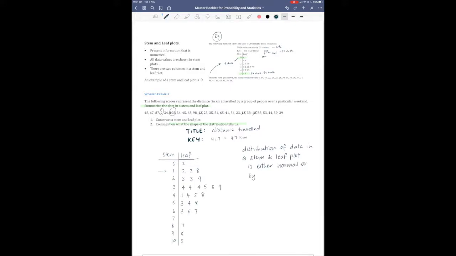Or it's symmetrical. So actually this is probably really important to have written down somewhere, so if you can write this in your notes so you've got it with you always.